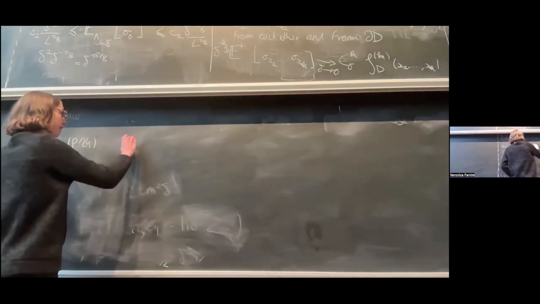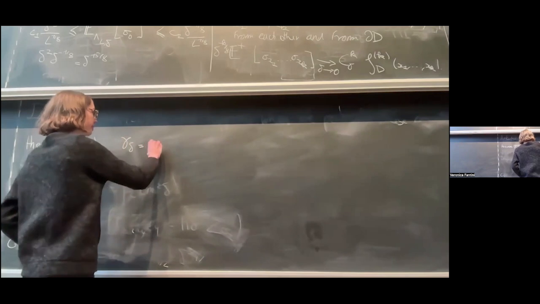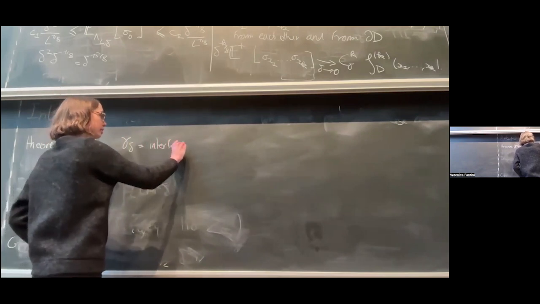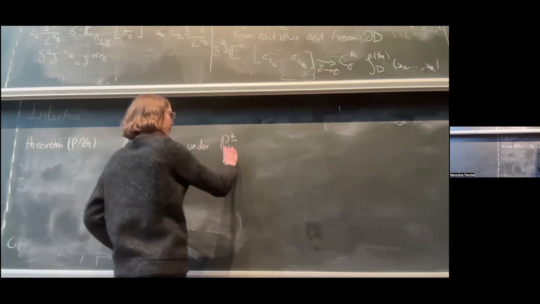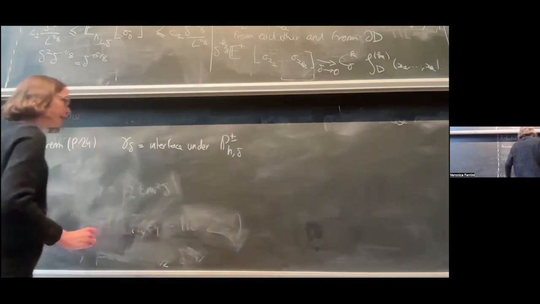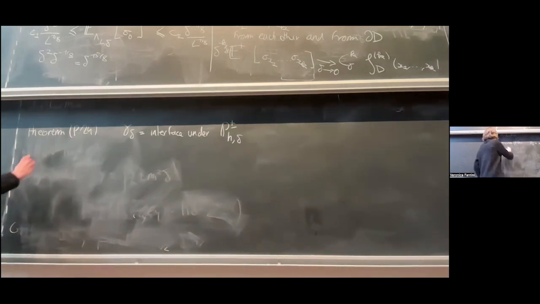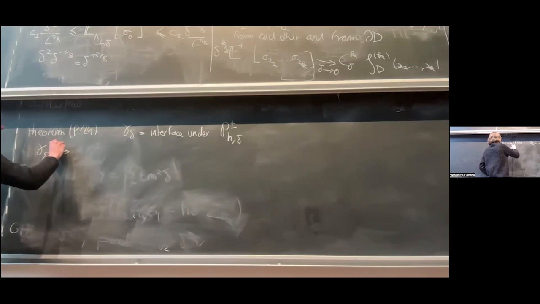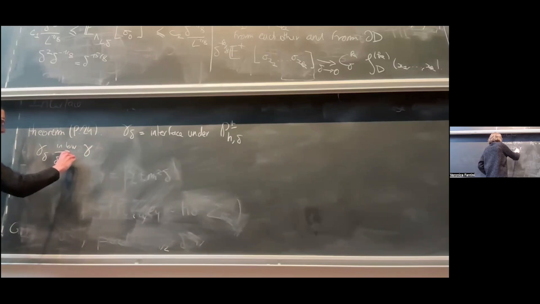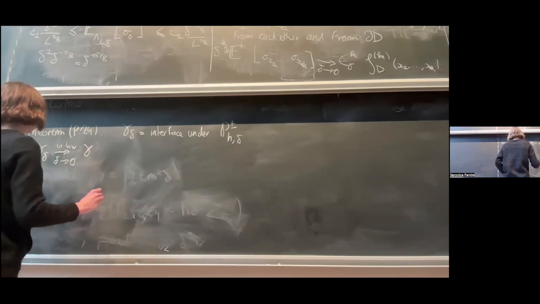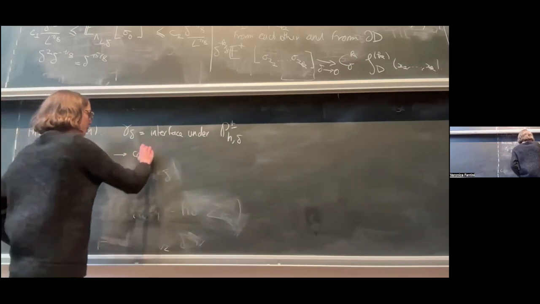Gamma delta is the interface under my Ising model perturbed by an external field at mesh size delta. The result is that this interface converges in law to some random curve gamma as delta goes to 0. I'm not going to make the topology precise.